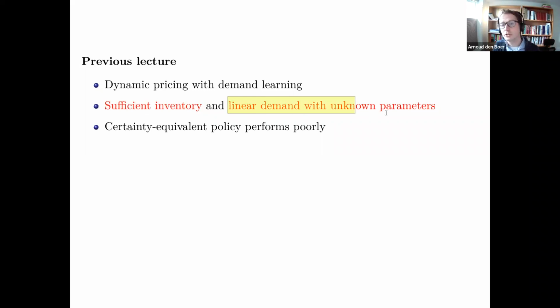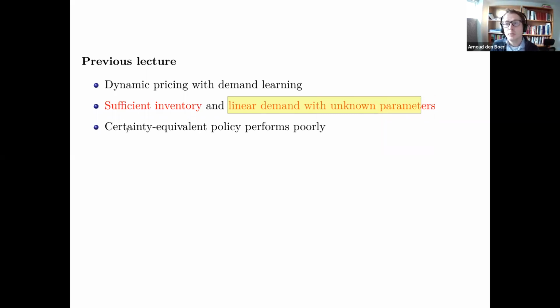Demand is a linear function with just 2 unknown parameters that we try to learn from data. Or to be more precise, we do not try to learn them from data. We try to earn money. And if we happen to also learn some parameters, that's nice, but that's not our primary goal. Our primary goal is to earn money, and our goal is not statistical in nature.